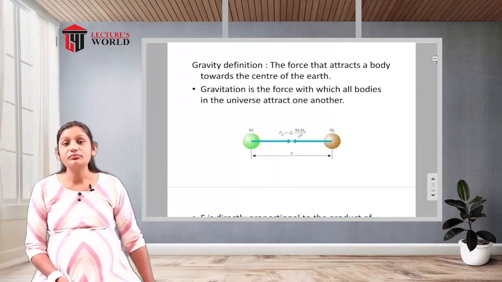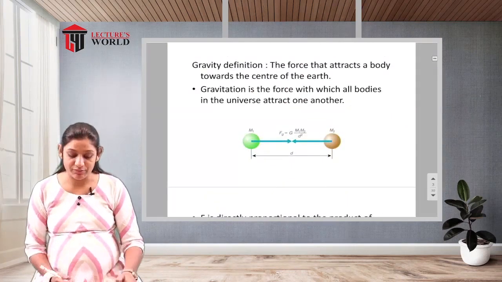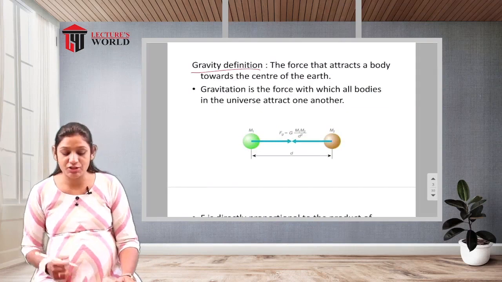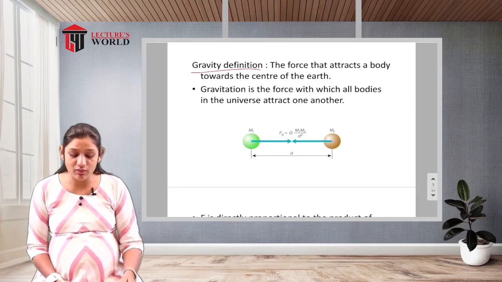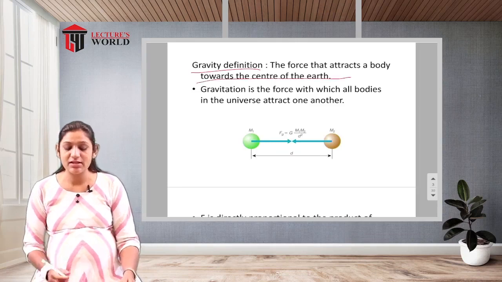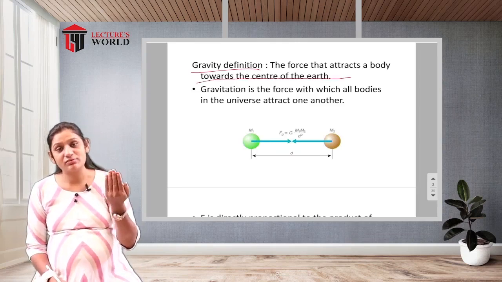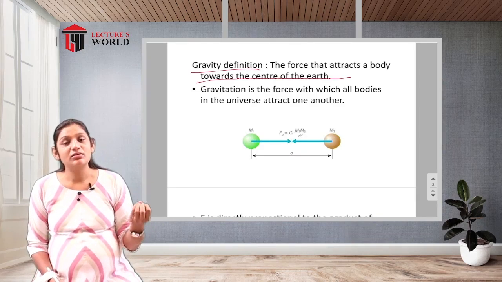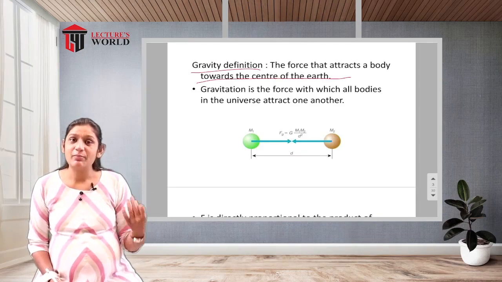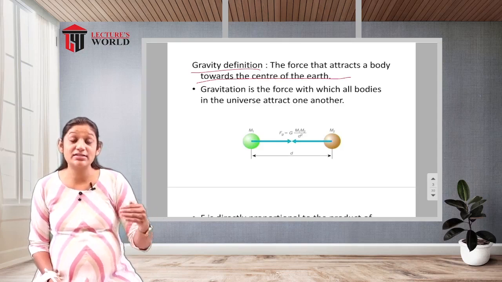First one, let us talk about the definition. Gravity is the force that attracts a body towards the center of the earth, meaning the force which is generated by the earth and produced from the earth's center point.